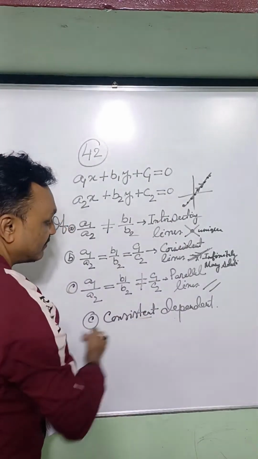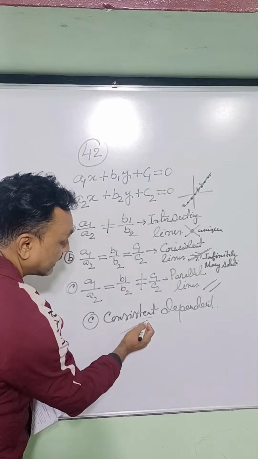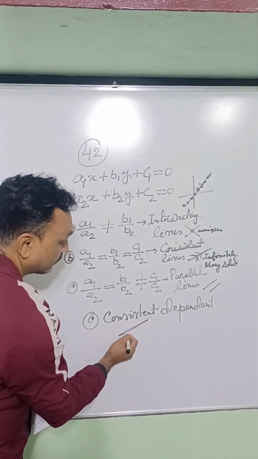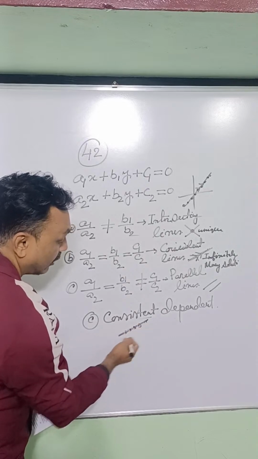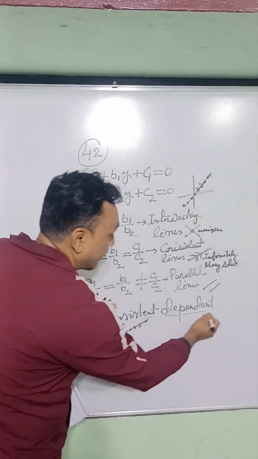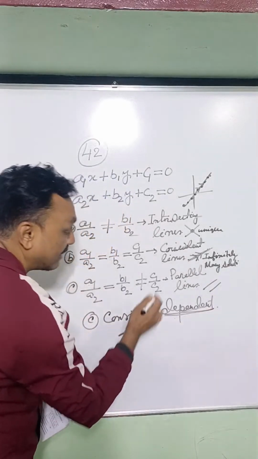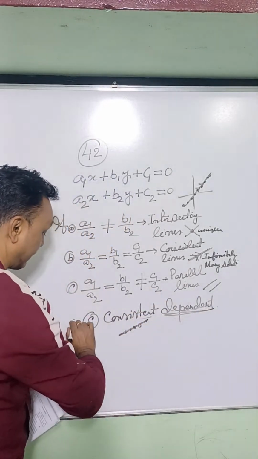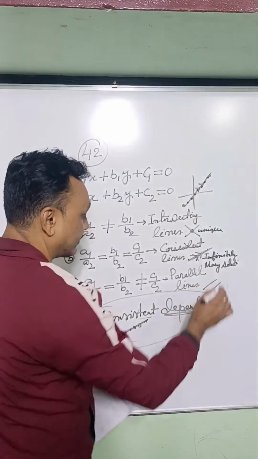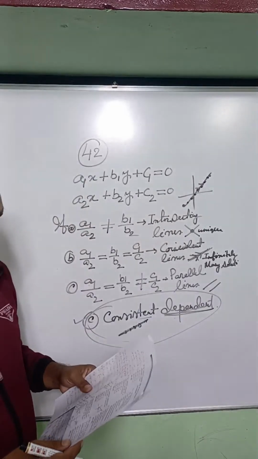And consistent means one graph lies above the other, with many common points, so there are infinitely many solutions. That's why it is called dependent. So the answer is C, consistent dependent. Is it clear? I think it's clear.